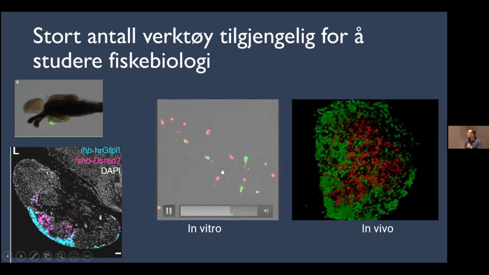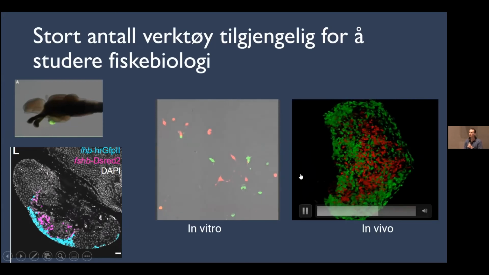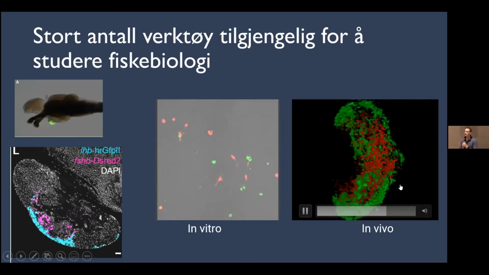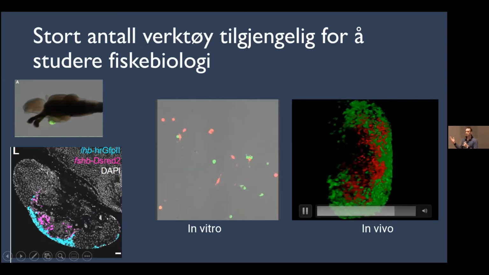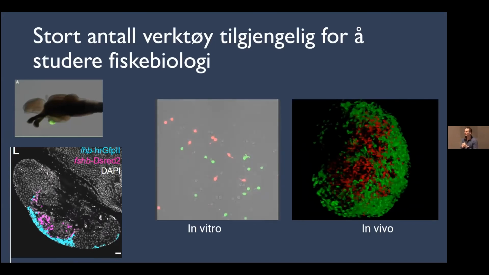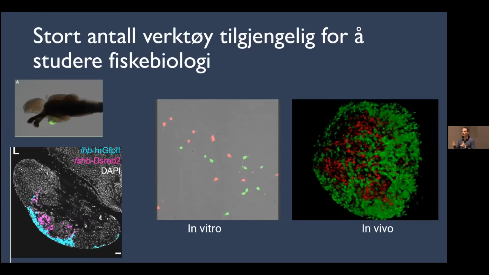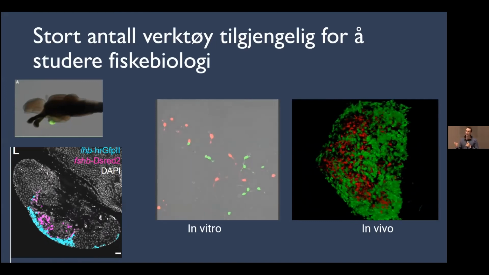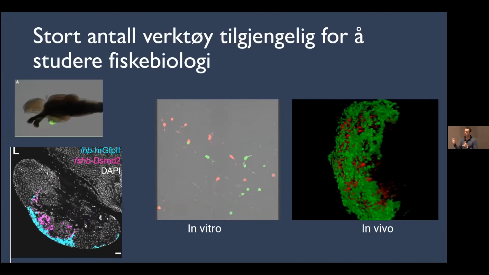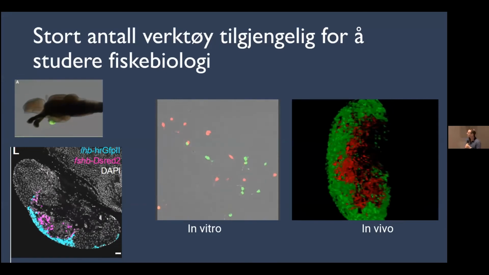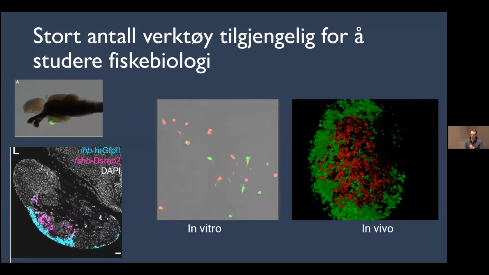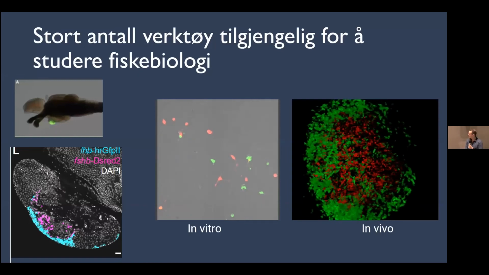We can investigate these cells either in vitro or in vivo in the fish itself. Thanks to this labeling, we can visualize the cells, localize them, and so identify their role, their function, their regulation, something that is impossible or really complicated to do in a bigger fish such as salmon.